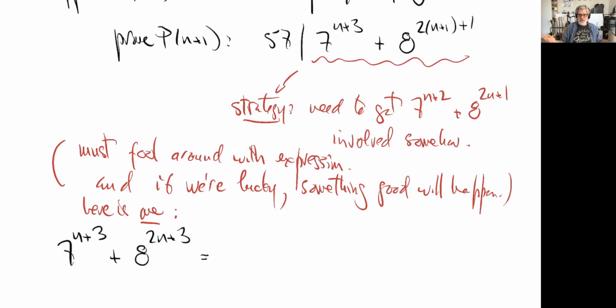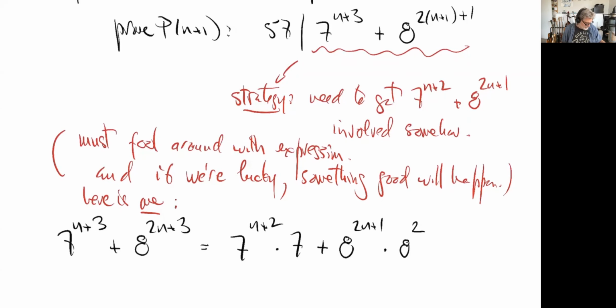So here's my first step, which doesn't appear to be so good, but let's see. I'm going to write this as 7 to the n plus 2 times 7, which is maybe what many of you would have done, right? So 8 to the 2n plus 1 times 8 squared. That's for sure, this is true, okay?